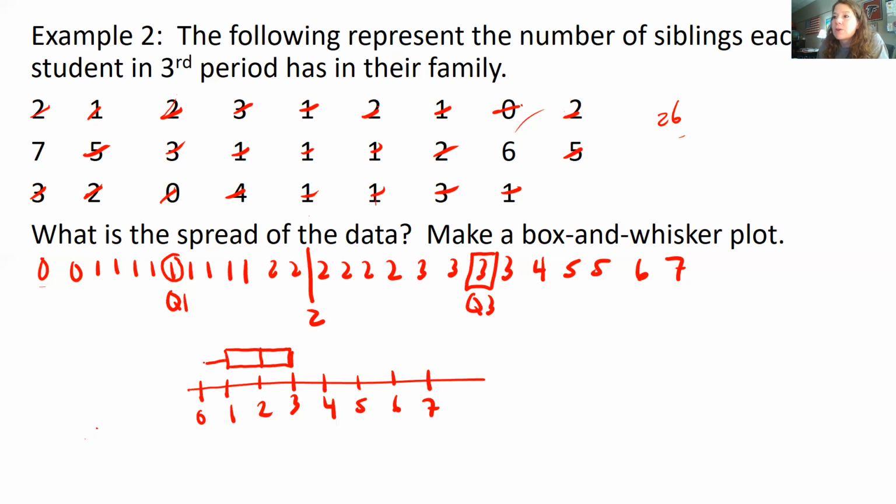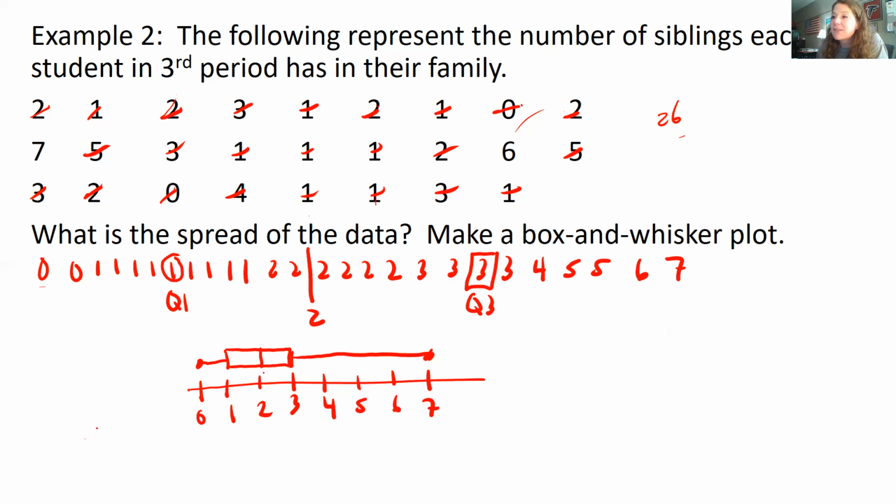The lowest number in my data set is a 0. So 25% of the people I asked have either 0 or 1 sibling. Well, then from my upper quartile, look how big this whisker is. We would say this is skewed right because my right whisker is the longest, which probably means there's a big gap in the upper 25%.